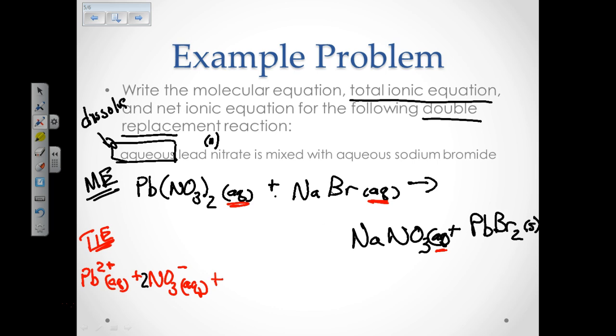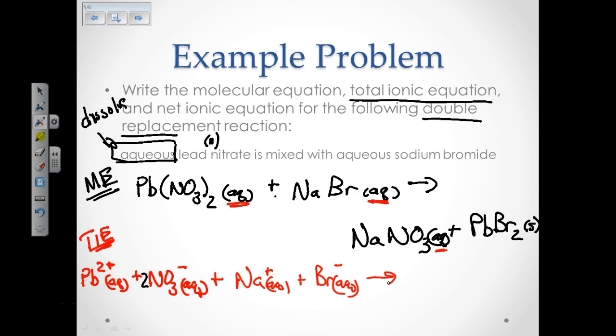Plus, this one is also aqueous: Na+ aqueous plus Br- aqueous. All this stuff that we've been dealing with, naming and knowing charges, comes back to haunt us now.